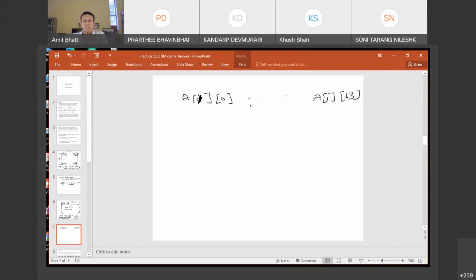So again, the same story will repeat. These are 64 elements, so you will require 8 blocks. And in 8 blocks, the first element would of course be a miss, and the next 7 would be a hit. Same story would repeat in each of these 8 blocks or cache lines.